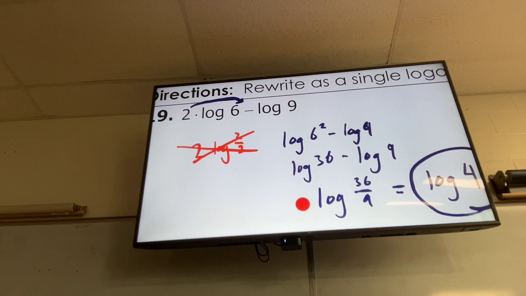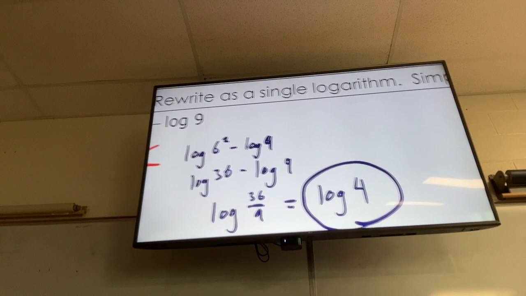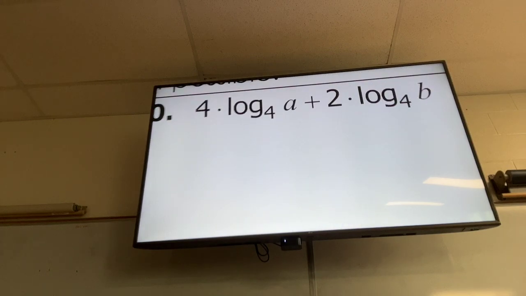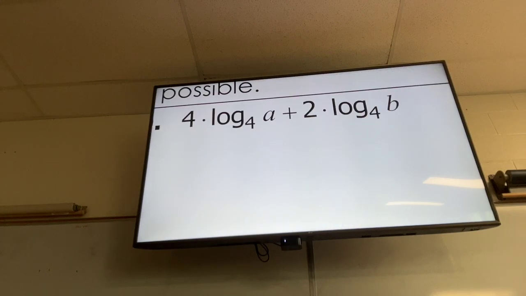All right, here to here. So now I've got a log plus another log. So now I'm going to do what? Yeah, I'm going to multiply, but I got to deal with these coefficients first. What do I do with them? Yep, make them the exponent.